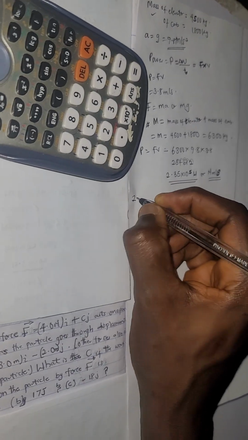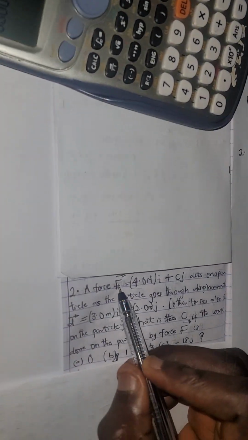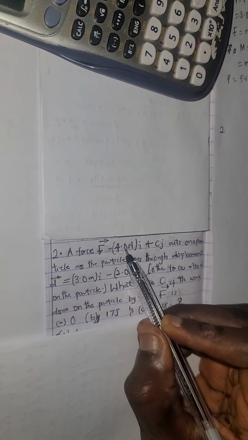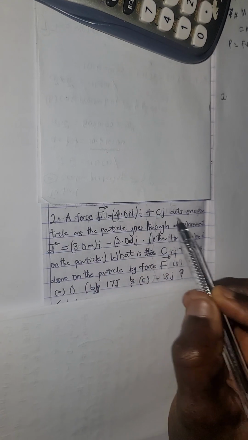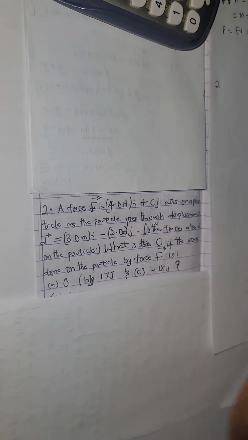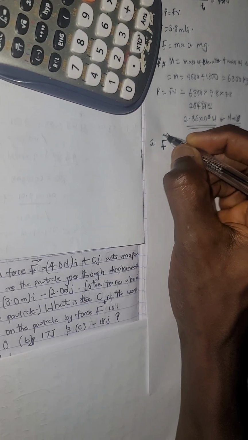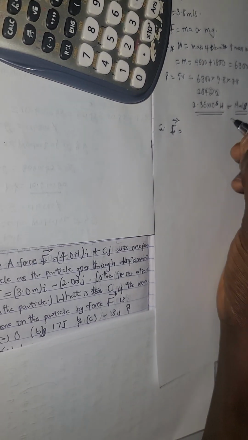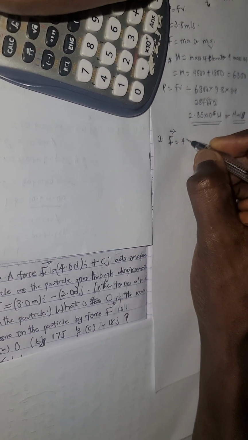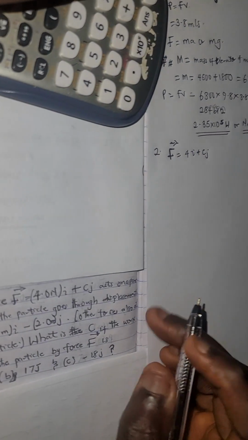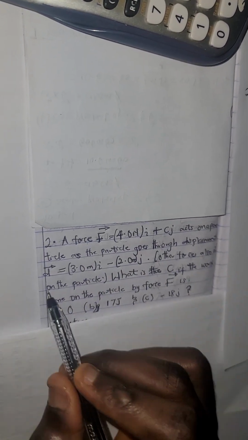Now let's talk about number 2. They said the force, vector F, equals 4.0 Newton i plus Cj, acts on a particle as the particle goes through a displacement d.